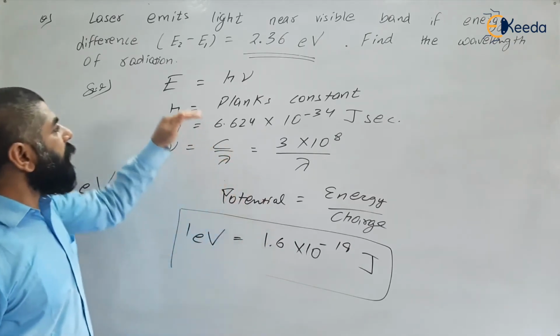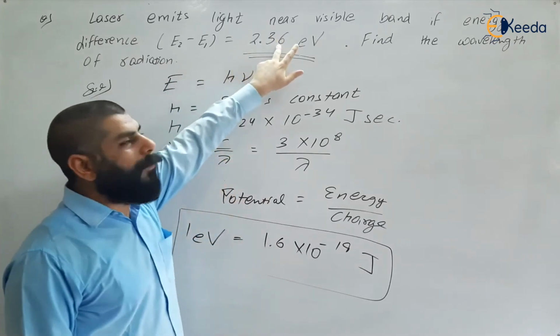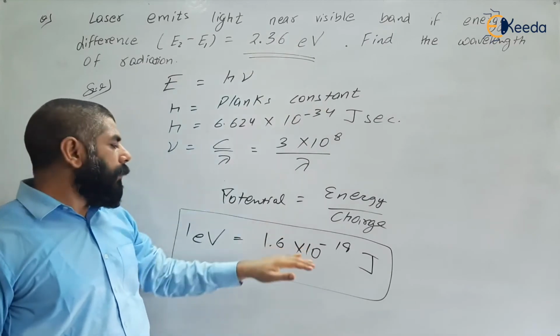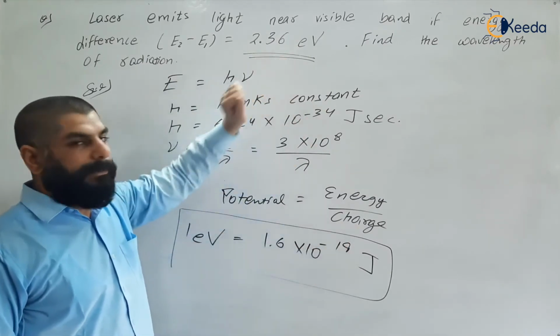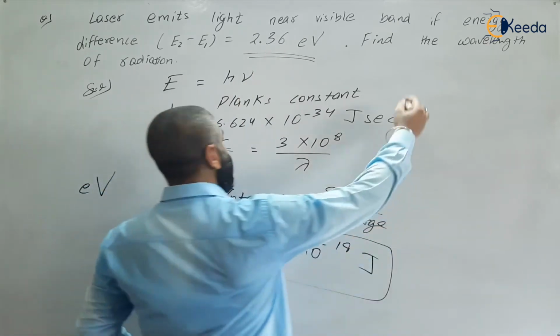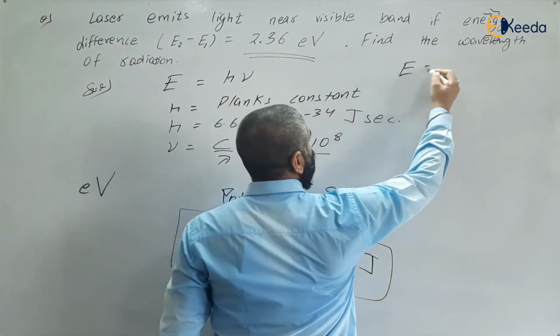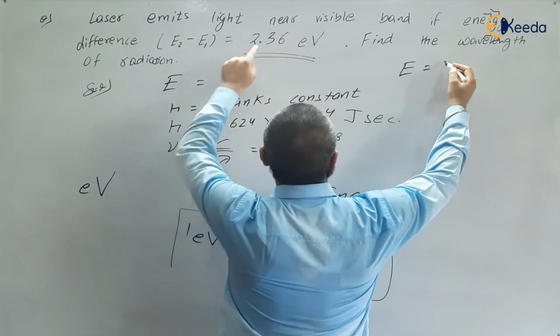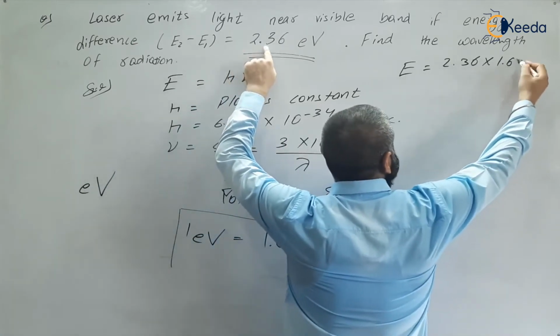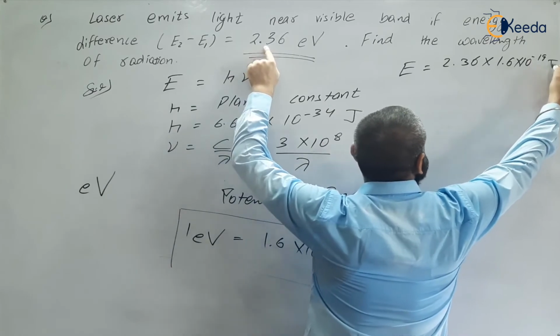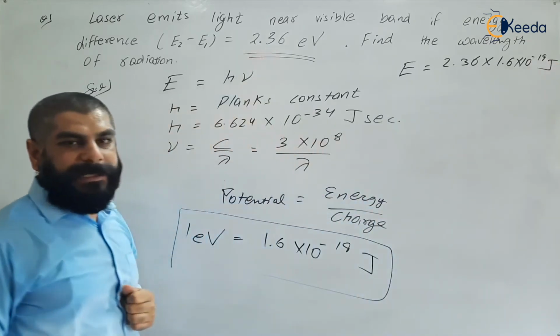We are given the energy in electron volt, so we convert this into joule by multiplying by 1.6 into 10 raised to minus 19. So E equals 2.36 into 1.6 into 10 raised to minus 19 joule. That much energy is released.